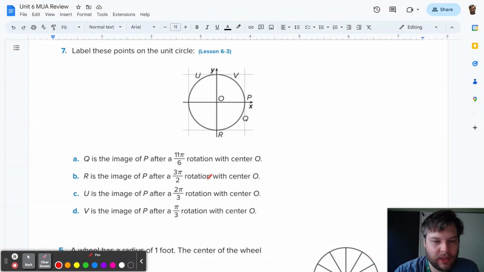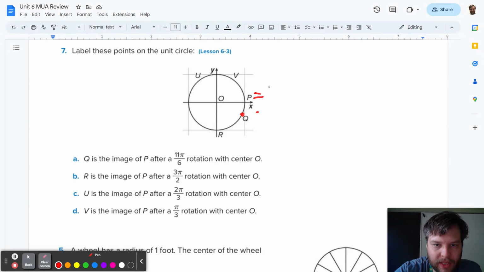All right, we're looking at the unit circle, and we're doing a bunch of rotations. Label these points on the unit circle. Q is the image of P after an 11 pi over 6 rotation. So that's weird. They already have them labeled in the picture. I guess maybe we should try to write what the coordinates are.